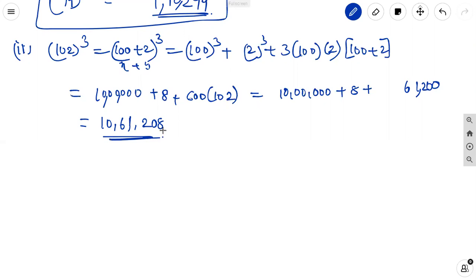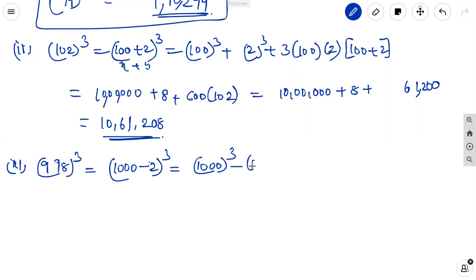That is the answer. Third one, 998 whole cube. It can be written as (1000 minus 2) whole cube, that is 1000 whole cube minus 2 cube minus 3 into 1000 into 2 into (1000 minus 2). 1000 whole cube means we get 9 zeros: 1, 2, 3, 4, 5, 6, 7, 8, 9 zeros.